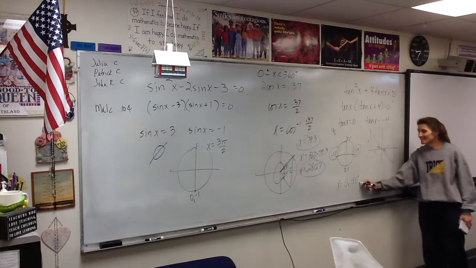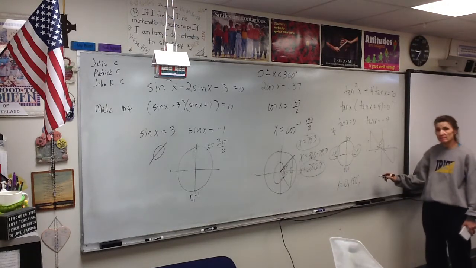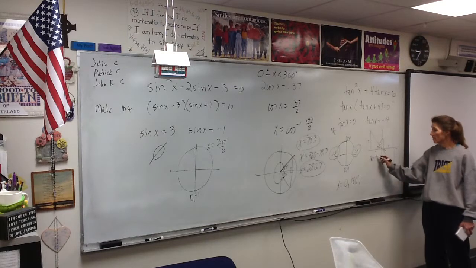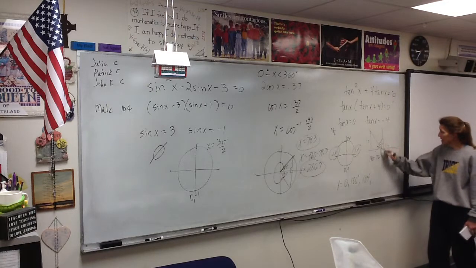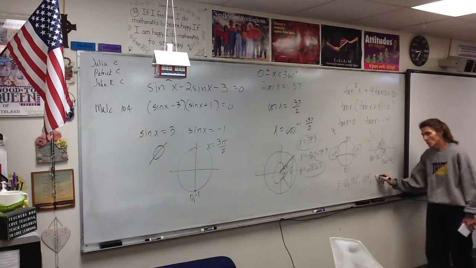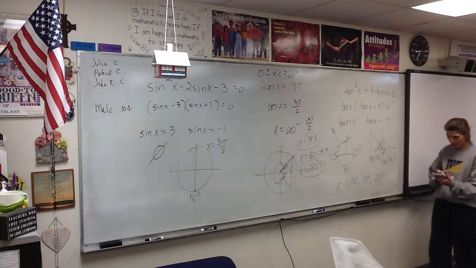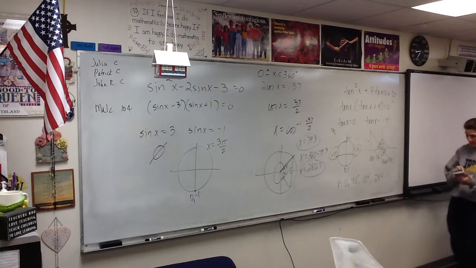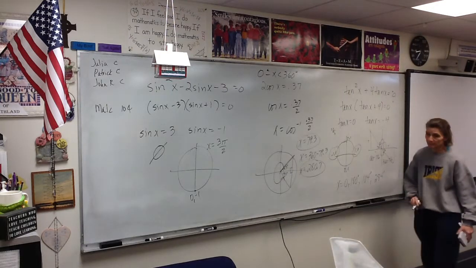The answer is not 76. The answer is 180 minus 76, or 104, and 360 minus 76, or 284? Better check that. Yeah. And there are the answers to the question.